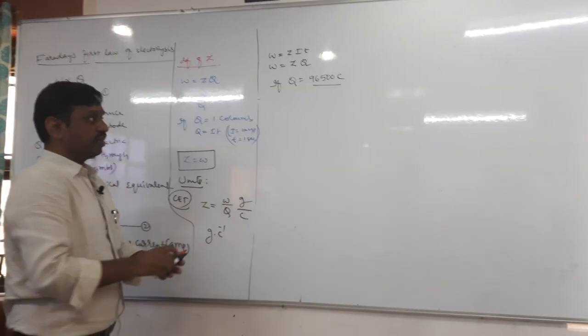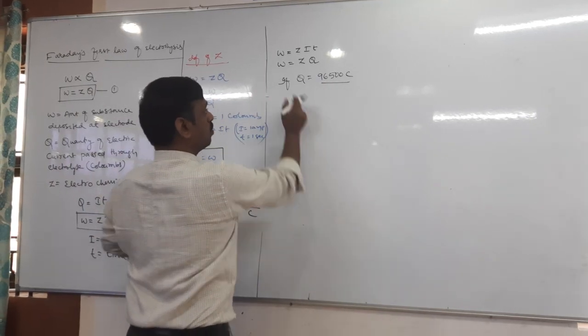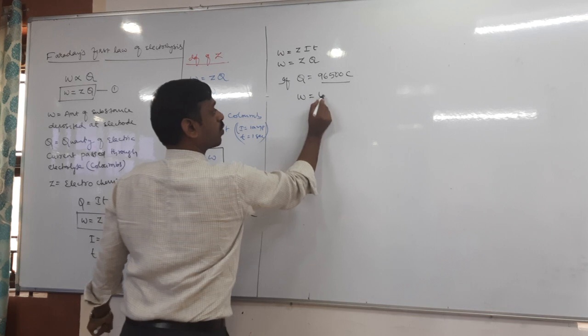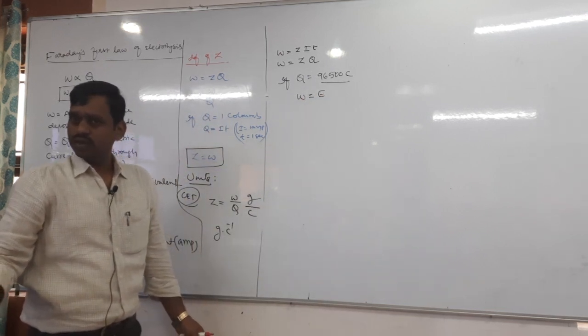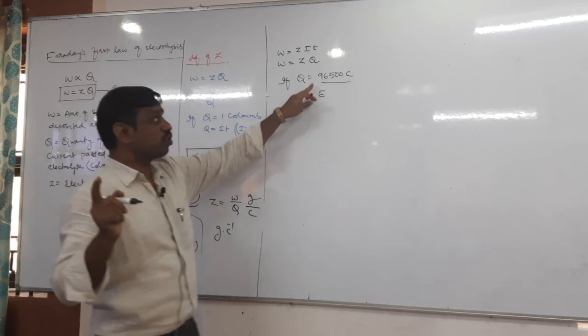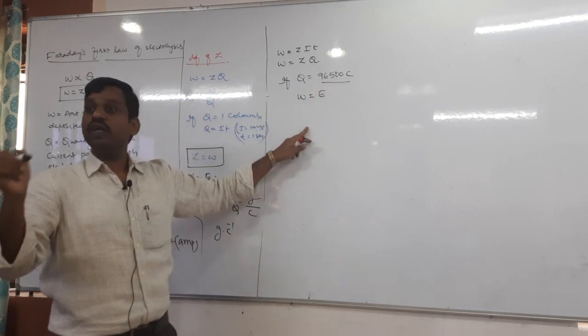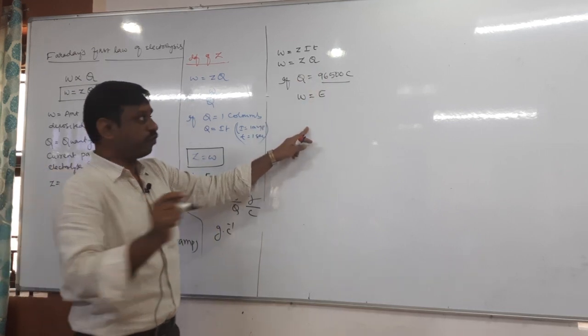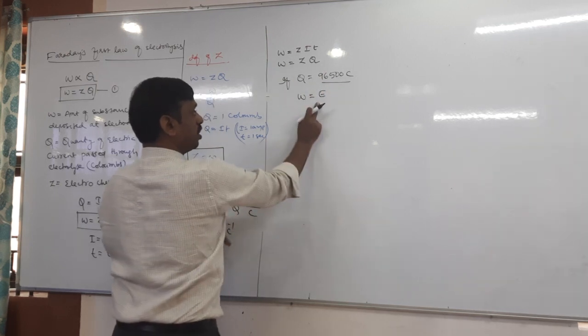Gram equivalent weight. So if Q equal to 96,500 coulomb, then W equal to E.